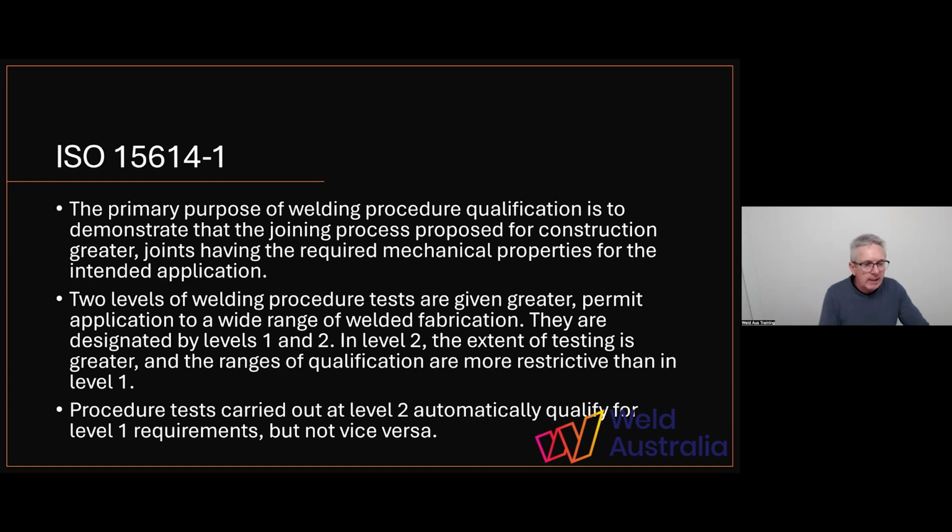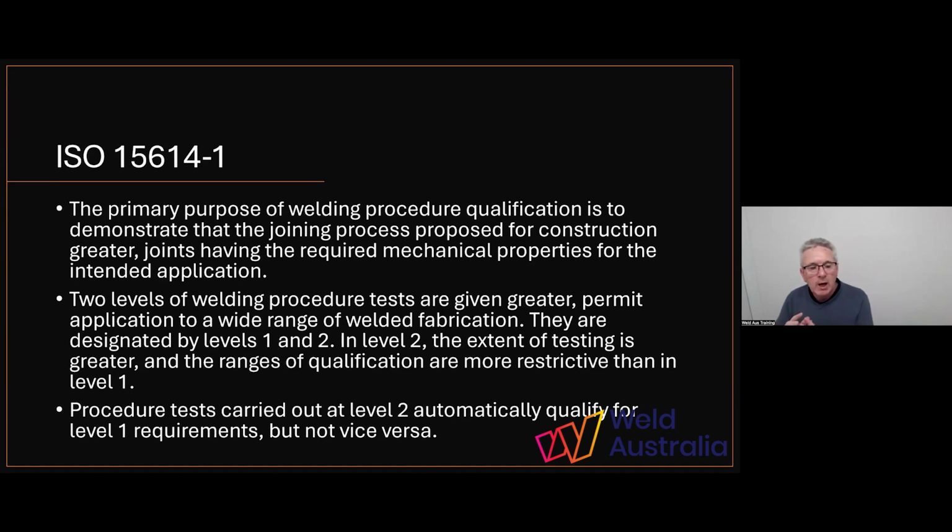A lot of our Australian standards work the same way. If we look at weld categories in our 1554 series, if we do a test piece for fatigue purposes, it'll cover us for structural and general purpose. So ISO are very similar in that sense.